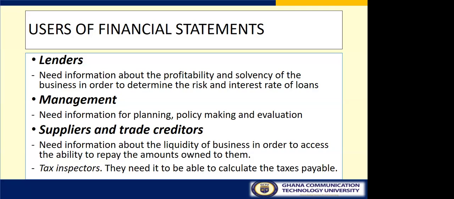That becomes a lender. So once you have surplus of funds, you go to the financial intermediaries, and then you lend your money to them, and they in turn lend to borrowers. The borrowers also can be individual organizations.